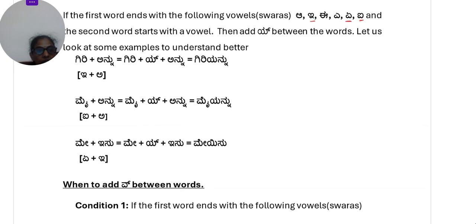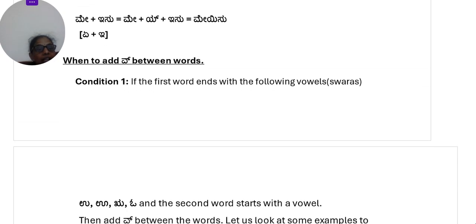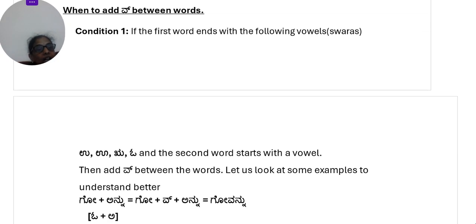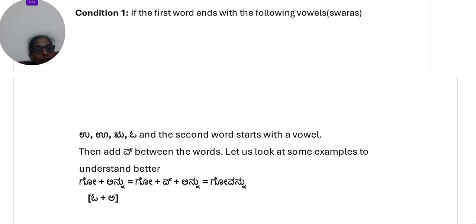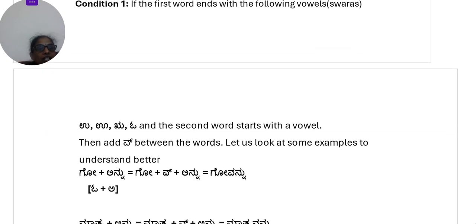Now when to add va. So here there are a lot of conditions, but condition 1 and 2 are the most important. So the first condition is if the first word ends with u, ru and o, and the Uttarapada starts with any vowel, then you will add va in between.